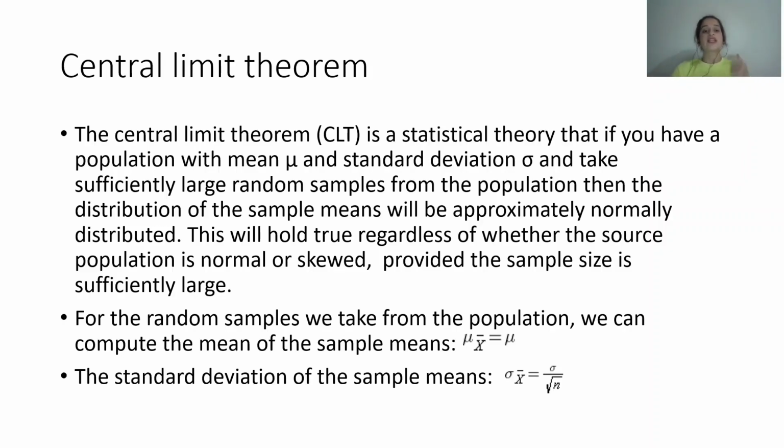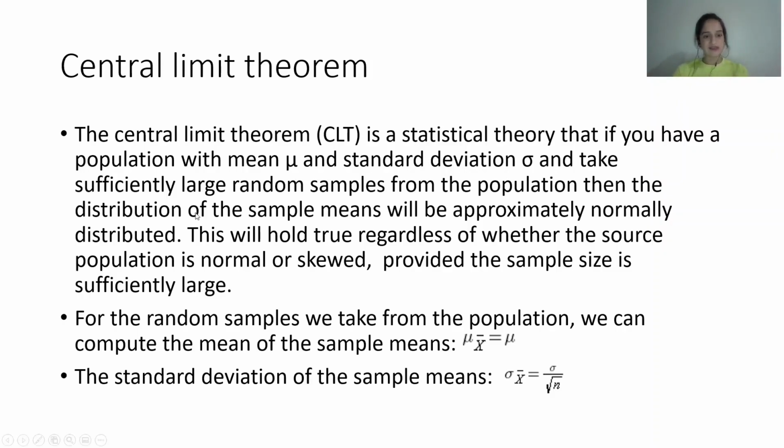Now for each mean that we get, we will plot a graph of each mean. Central limit theorem says the sample mean, when it is distributed, will be approximately normally distributed. It actually depends on how large our samples are. Then we will get a perfect normal distribution graph.